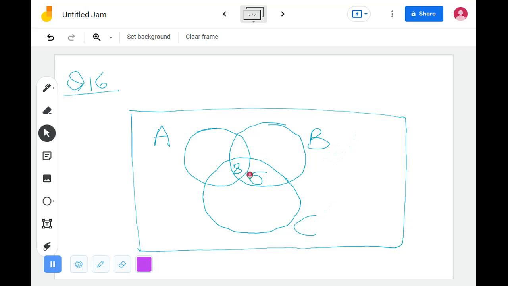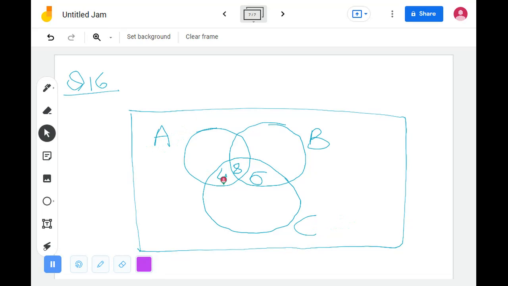Similarly, 12 people like the intersection of C and A. This is the intersection of C and A. 12 minus 8, what we get is 4.